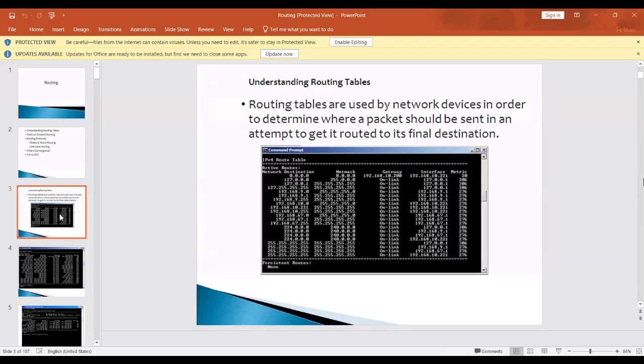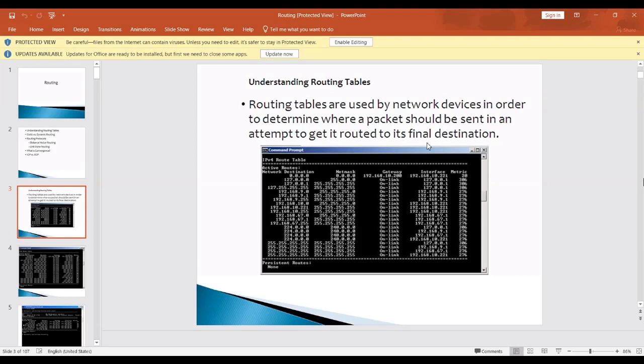If somebody has no idea about routing, we can simply look at this picture to understand the routing table, because it's a view of a routing table. The routing tables are used by network devices in order to determine where a packet should be sent in an attempt to get it routed to its final destination. That is the simplest definition we can give when somebody asks what routing means, right?